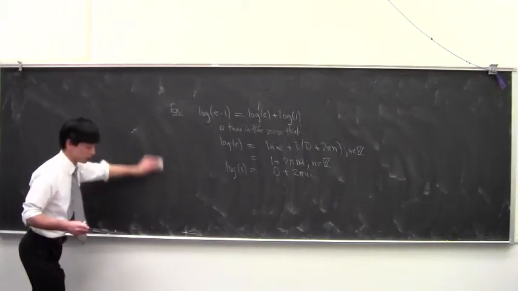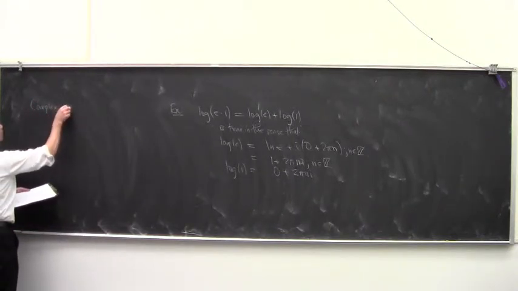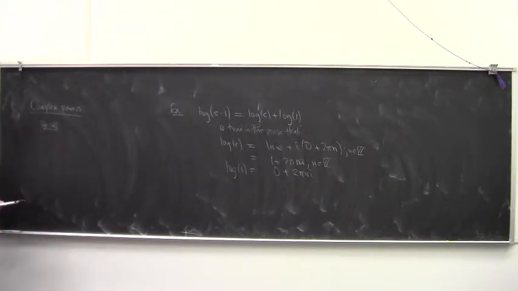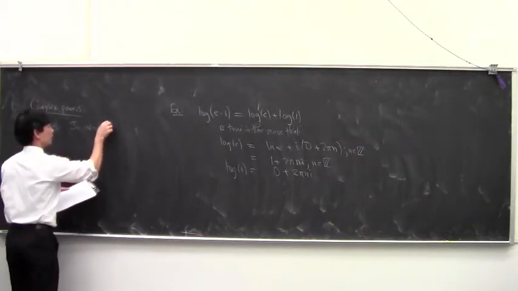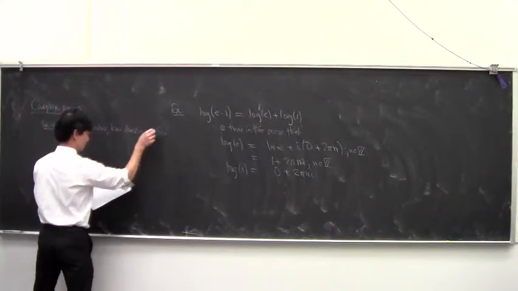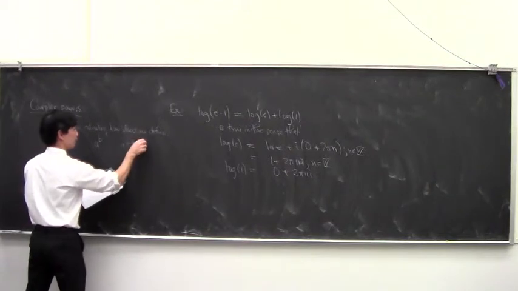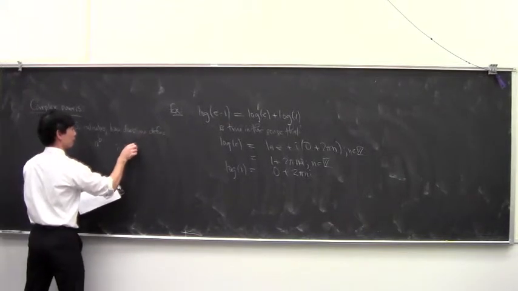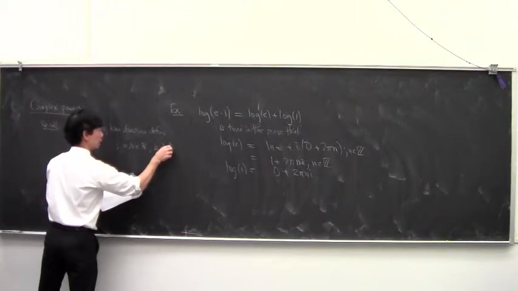Once you have the logarithm, you can define exponentiation. So, complex powers. So recall back in calculus, how does one define a to the b, where a and b are real, but b is, say, not rational?